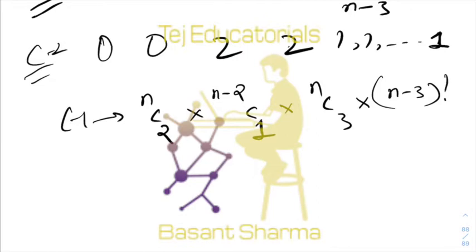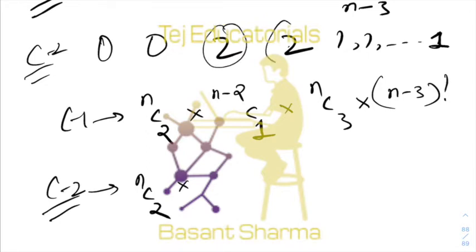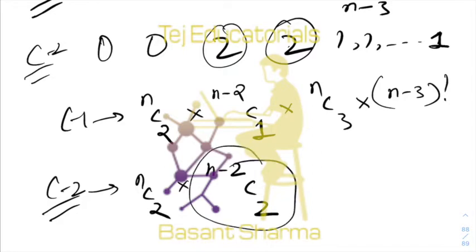In the second case, again select two children to whom no game is to be given. Now two children will get two games each. So what you do is select two children out of n minus 2 children, select two children together to whom two games each are to be given.